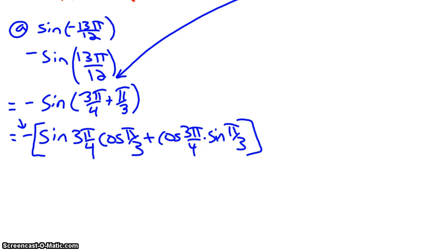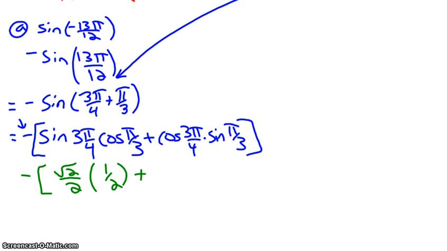We should be able to come up with some values for sine 3 pi over 4, cosine pi over 3, cosine 3 pi over 4, and sine pi over 3. So our values would be, for the sine, radical 2 over 2, and then a multiplication of 1/2.